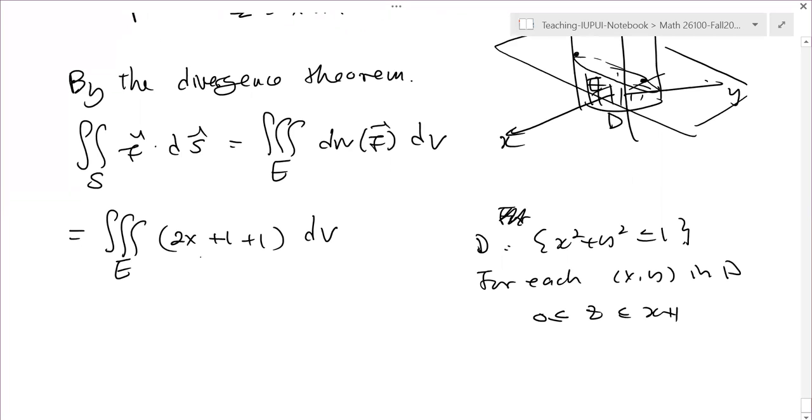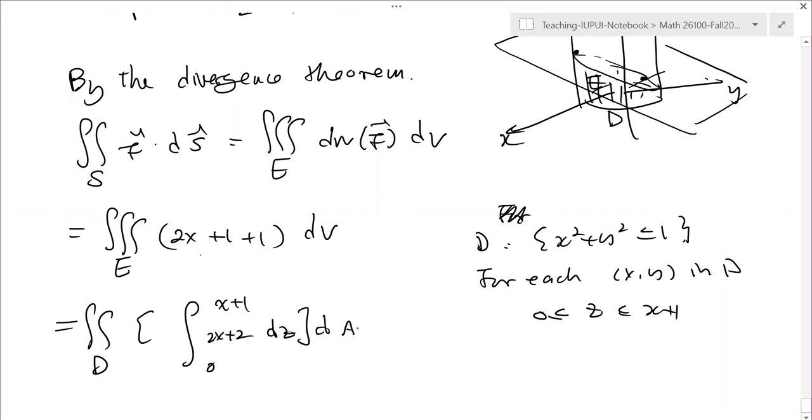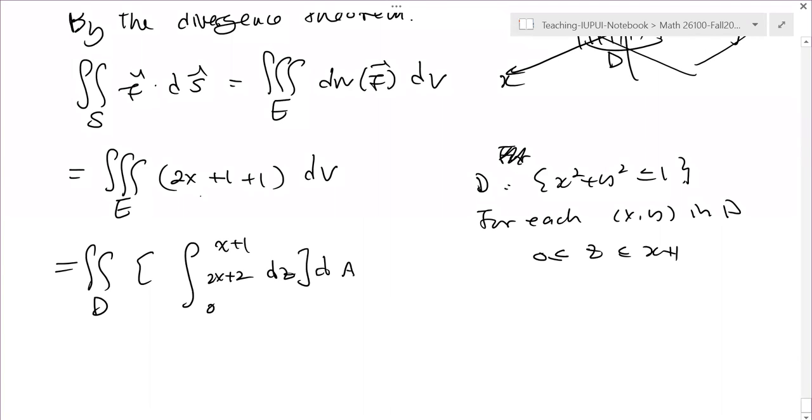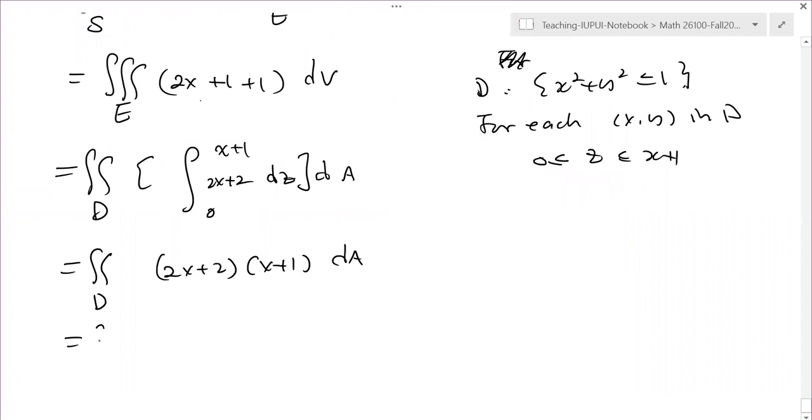So this is going to be the double integral of 2x plus 2 dz dA, where dA is the area element of D. Taking the antiderivative, dz is gone, and then this is x plus 1, I take a 2 out, it's x squared plus 2x plus 1 dA.